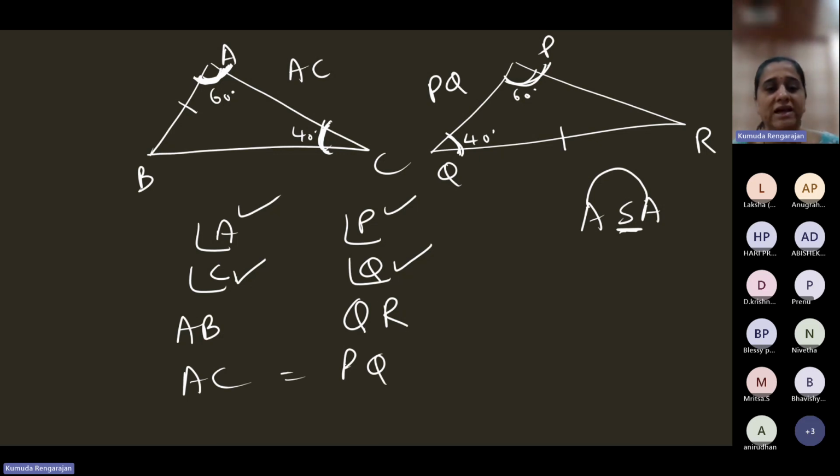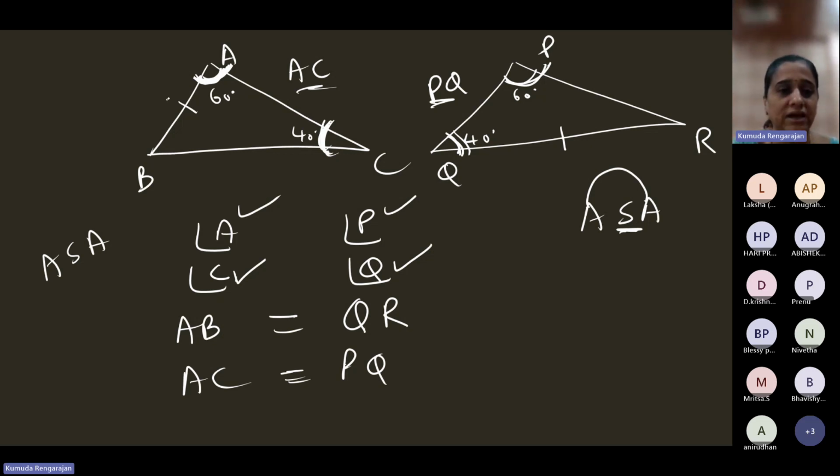Now, how did we write angle A is equal to angle P? Because we can see it's marked 60, 60, so equal. Then angle C is equal to Q. Yeah, 40, 40, it's given. Now, just because we want to use ASA, we cannot simply write AC is equal to PQ. That's not given. But we can write AB is equal to QR. Why?